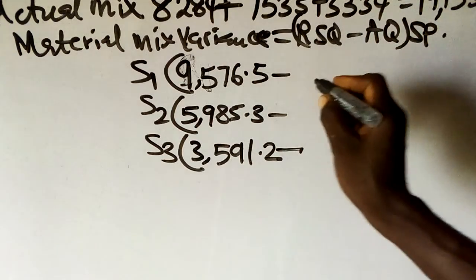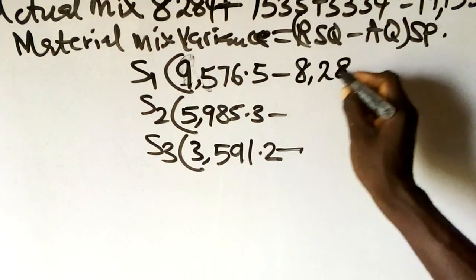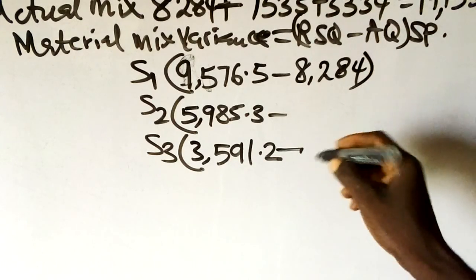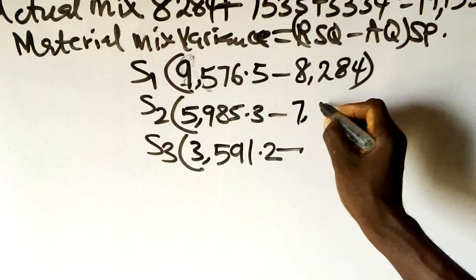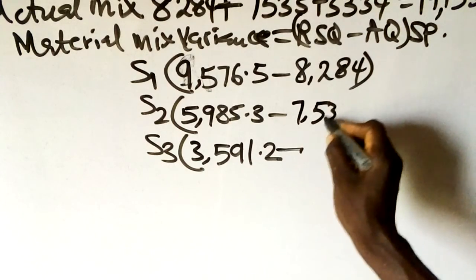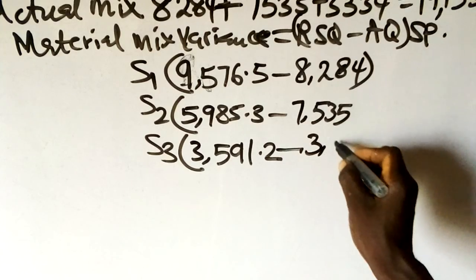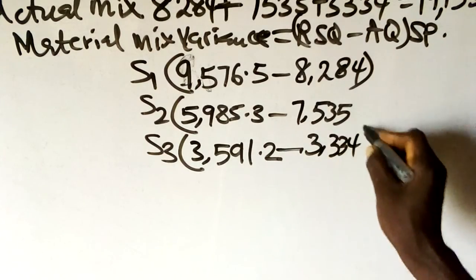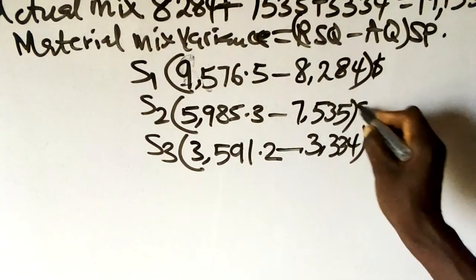So we have actual quantity 8,284. Then for S2, 7,535. For S3, 3,334. Multiplied by the standard price.